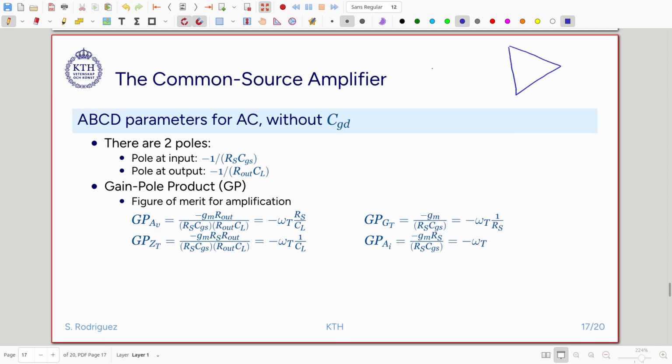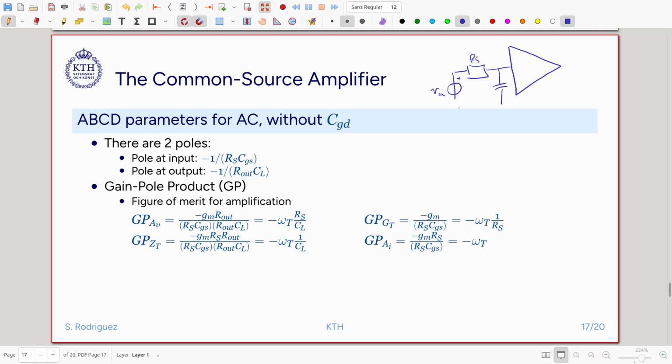Okay, so you go down here, and we can connect the input source here, Vin, Rs.